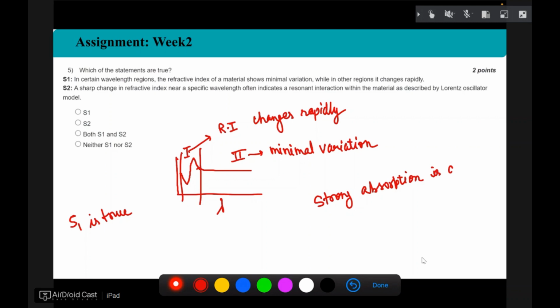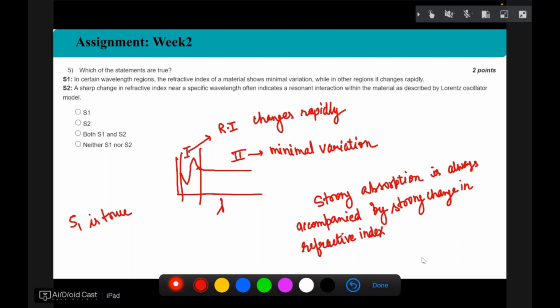A strong absorption is always accompanied by a strong change in refractive index. So statement S2 is also true. So in that case both statements 1 and 2 are true.